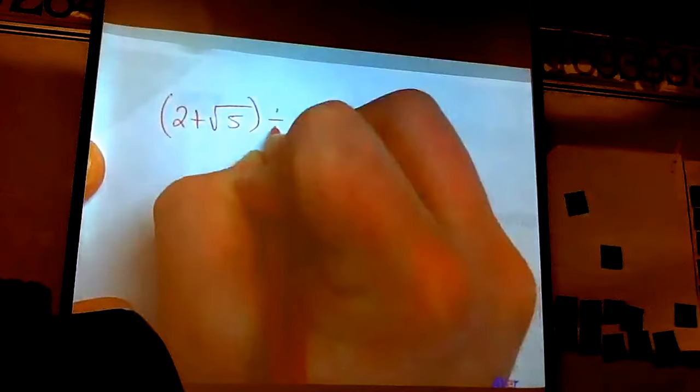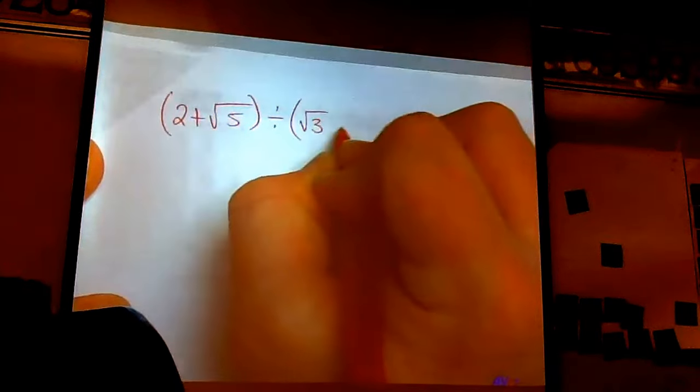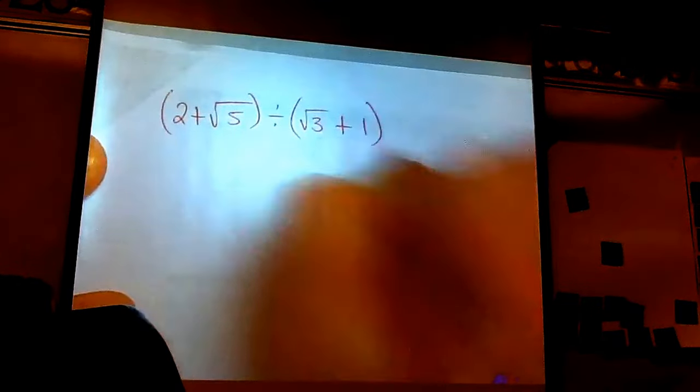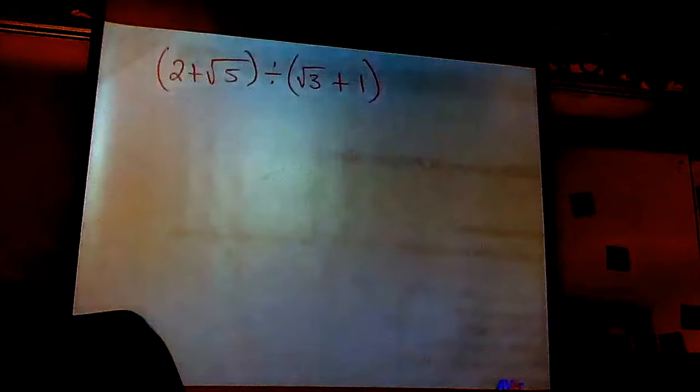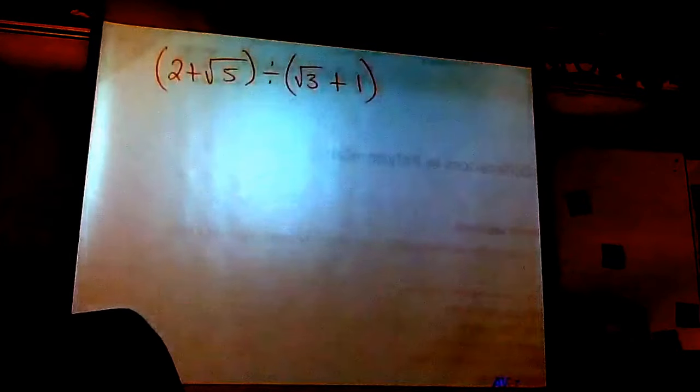The homework problems are written kind of weird. We'll do like 2 plus the square root of 5 divided by square root of 3 plus 1.